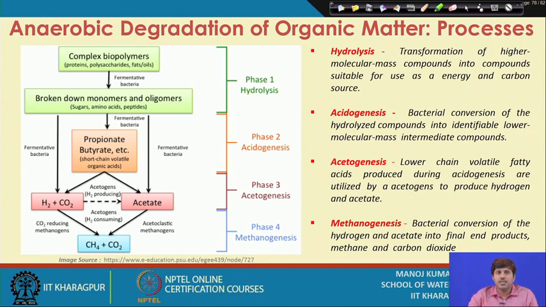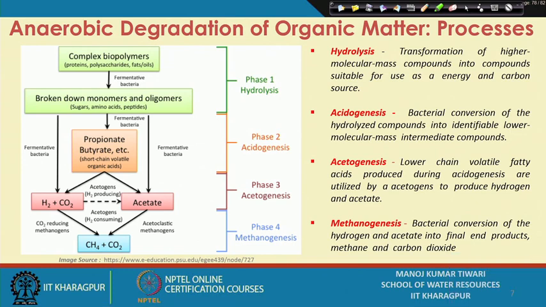Now, if we look at the process of anaerobic degradation of organic matter, how is this gas generated? The typical degradation by anaerobic bacteria follows 4 different steps, and that involves different types of microorganisms.